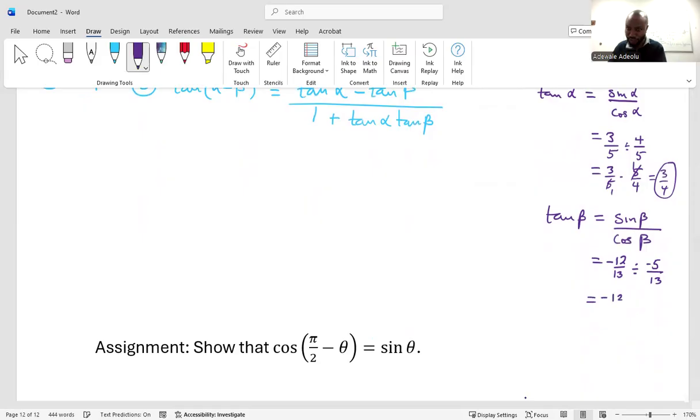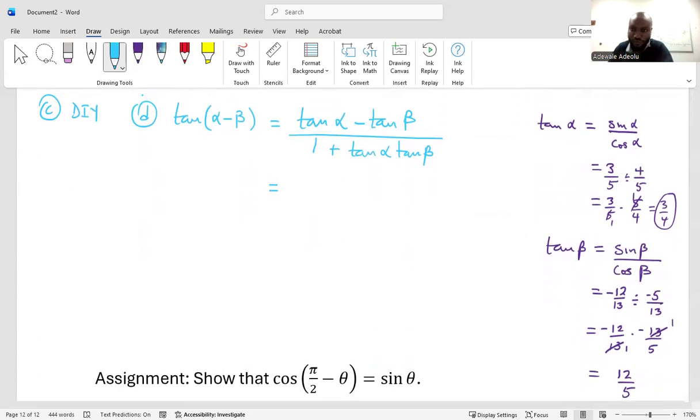So that is minus 12 over 13 times minus 13 over 5. So can say 1, 1, and our answer is minus times minus. That is plus, so that is 12 over 5. Now we have everything. We can go back here and say this is equal to tangent of alpha is 3 over 4 minus tangent of beta is 12 over 5 divided by 1 plus 3 over 4 times 12 over 5. So that is it.